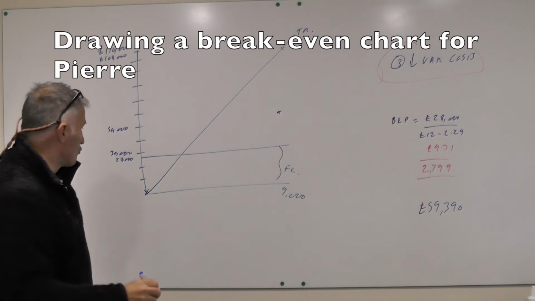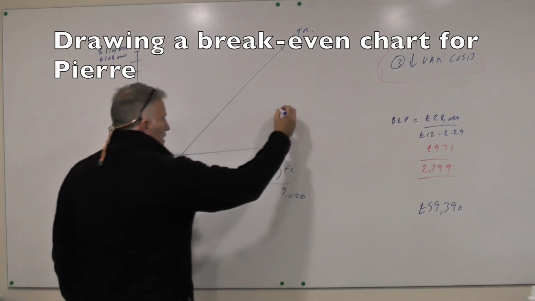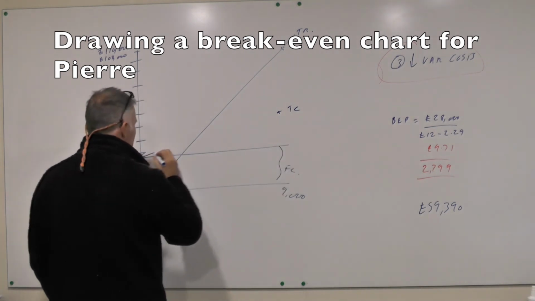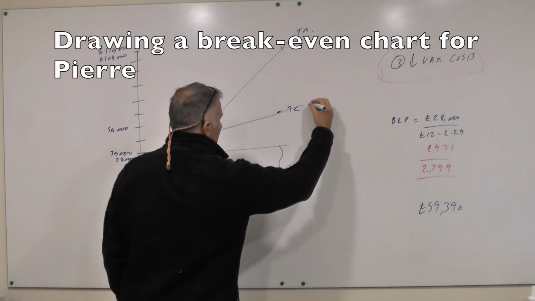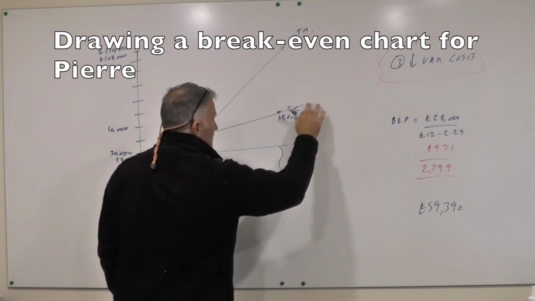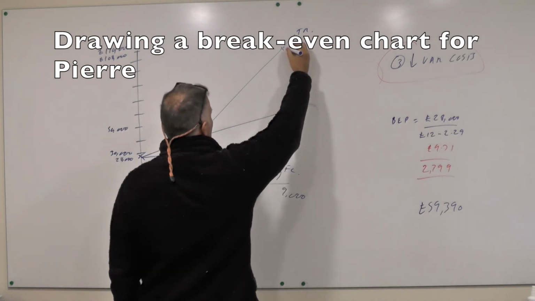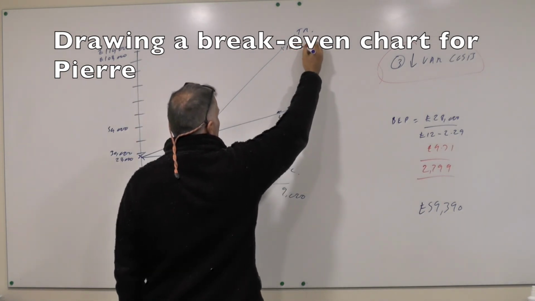Remember, when I draw the total cost line, I always start there. I always start at that point. That is the total cost line, and that is £48,610.